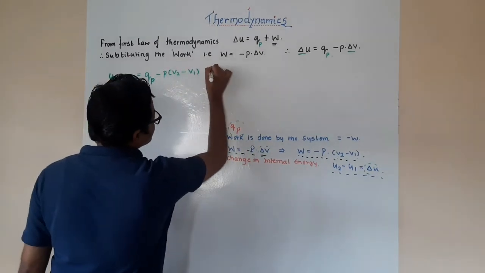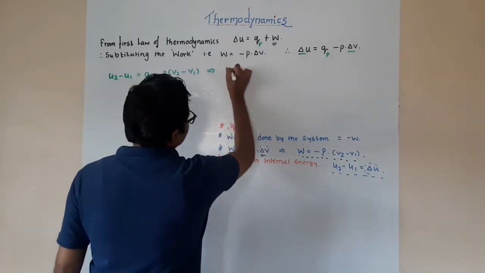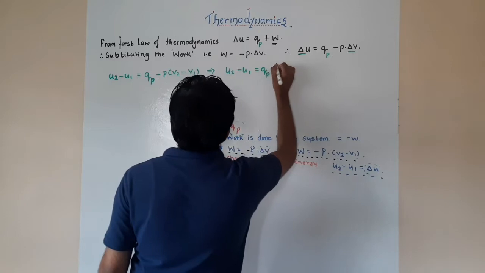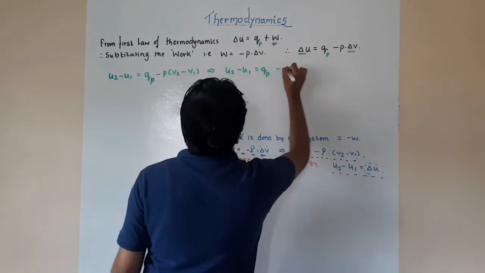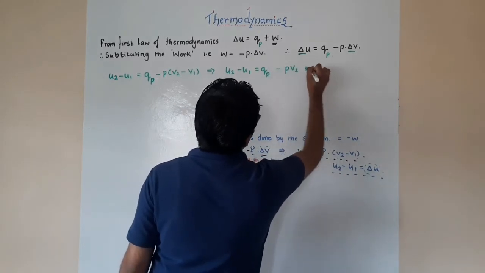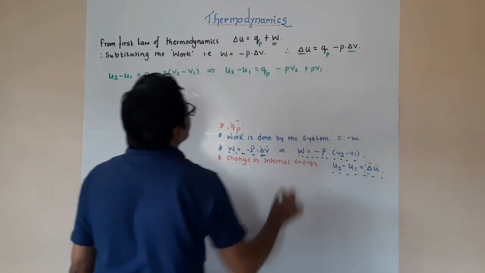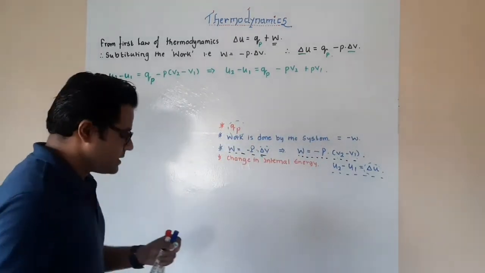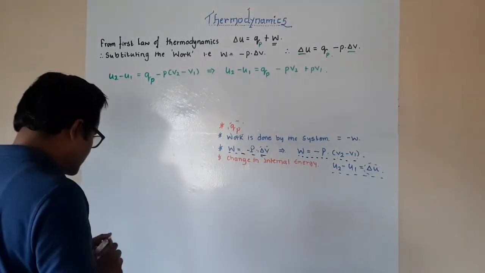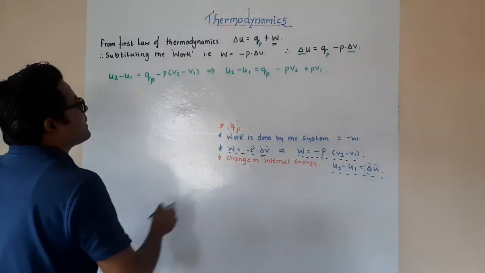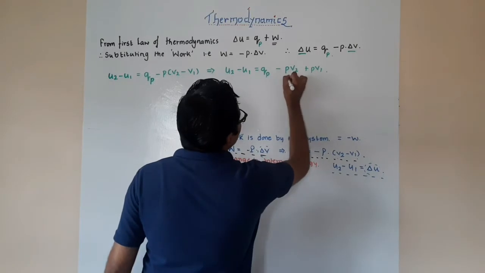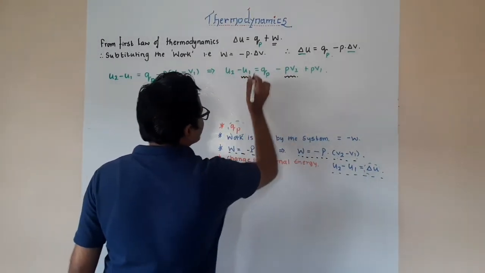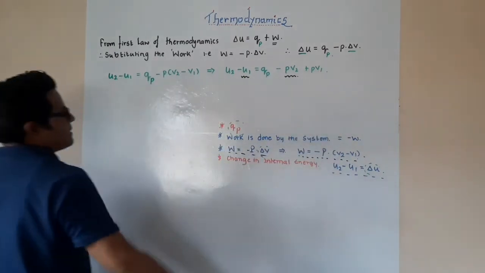This can be written as U2 minus U1 is equal to Qp minus PV2 plus PV1. Now let's shift V2 to the other side and U1 to the right hand side.